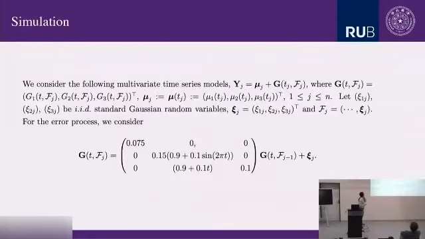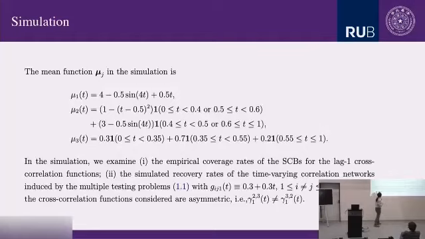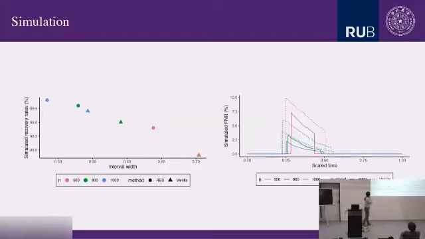Finally, we show some simulations where we consider locally stationary time series. This is a time-varying AR process where the coefficients change with time. We consider different settings, with 1 change point, 3 change points, or more.